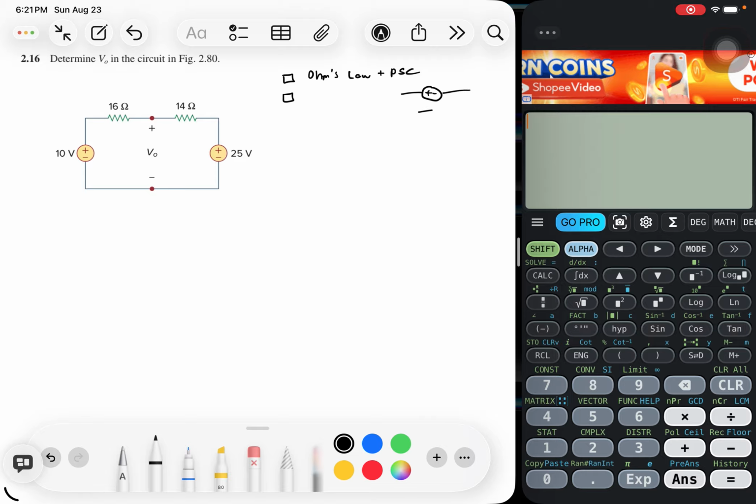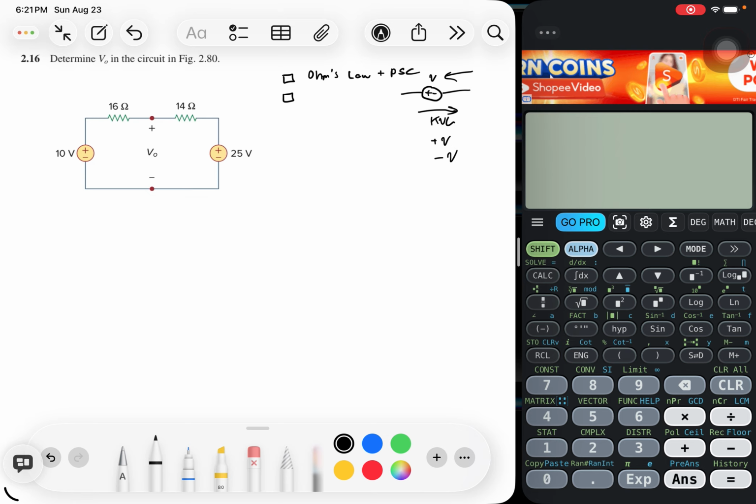If your direction of travel is going this way when performing the KVL, then the voltage V must have a positive sign. But if your direction of travel is going from right to left, then you would consider a negative V. So that's the passive sign convention for KVL and Ohm's law. And finally, we have the KVL technique.